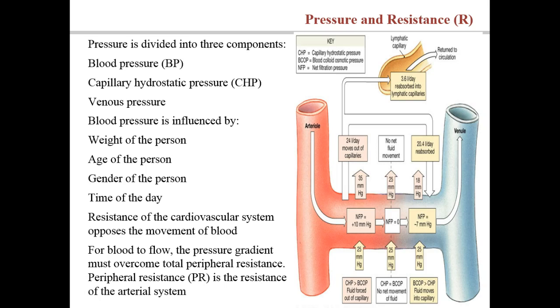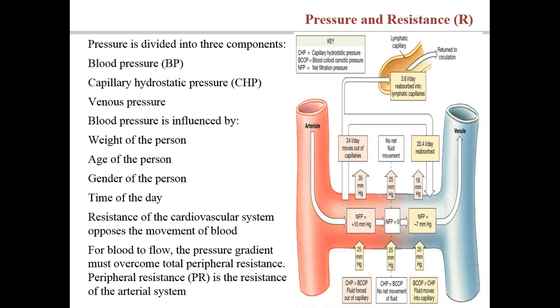So this is the first set of arrows, and it happens to be 35 millimeters of mercury out of the capillary beds and 25 millimeters of mercury into the capillary beds. What this does is allow the liquids, so this is hydrostatic pressure, to move out of the capillary beds into the interstitial fluid on the arterial side of that capillary bed.